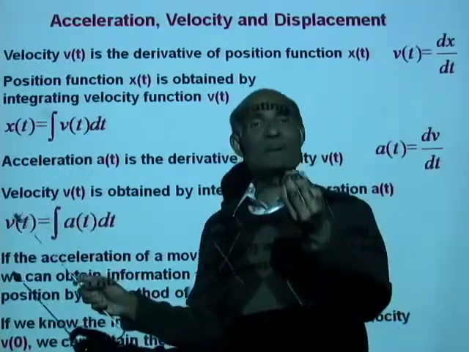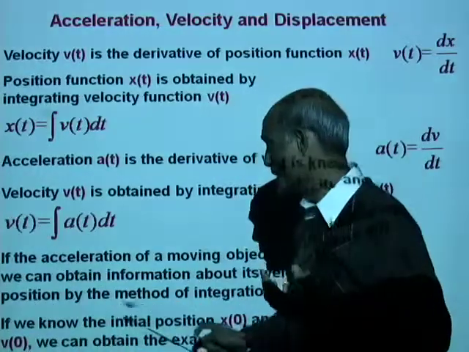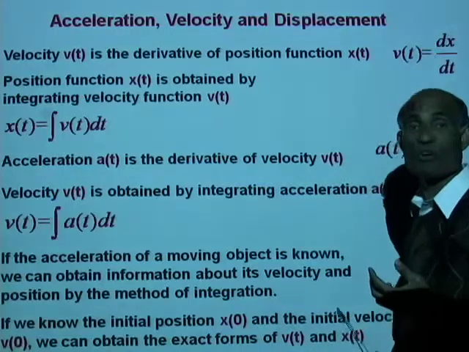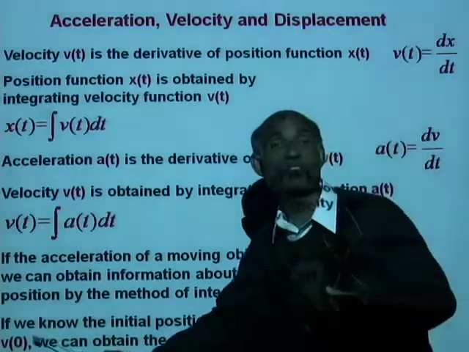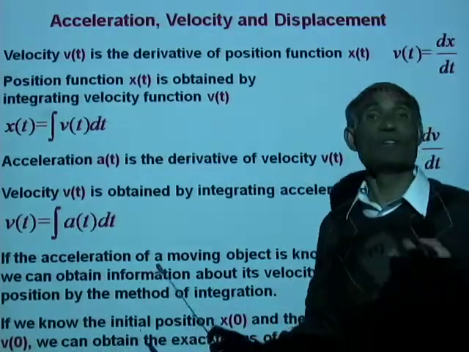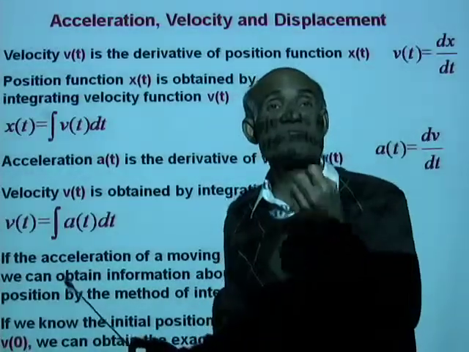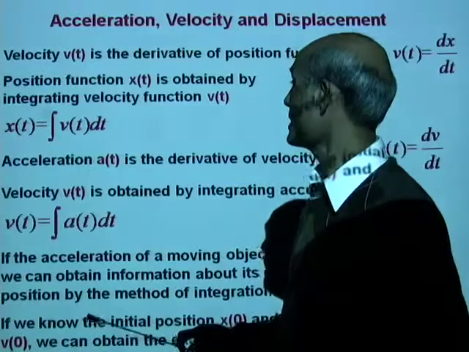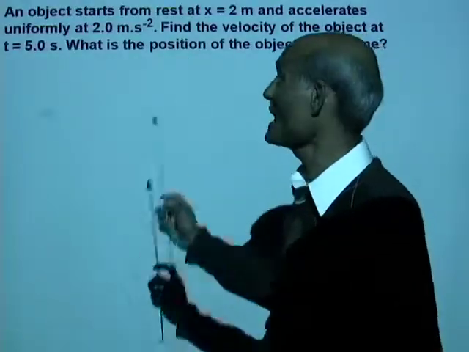And how do you know that? Well, if we know the initial position x0 and the initial velocity v0, those will help us to find the value of that constant. We will see how that is done in a problem like this.